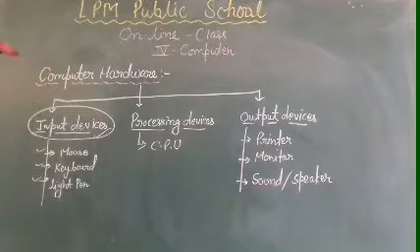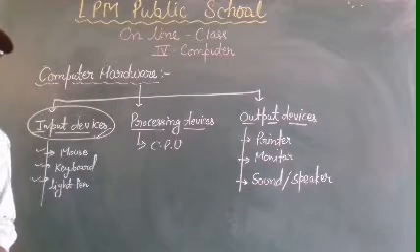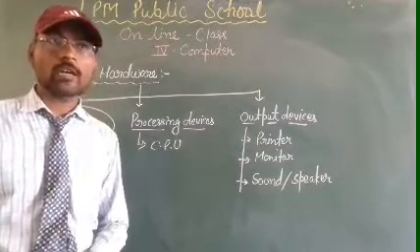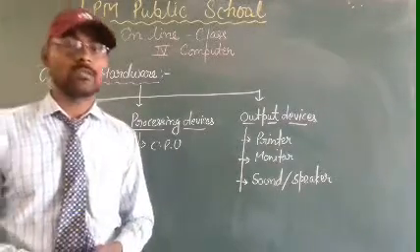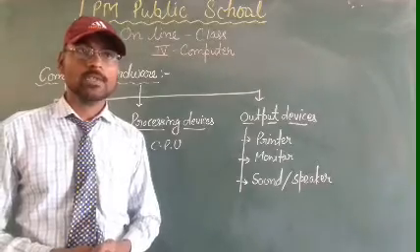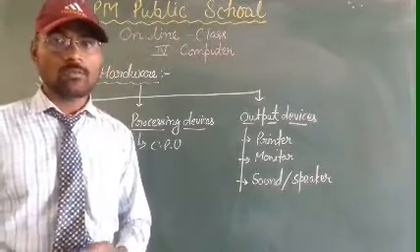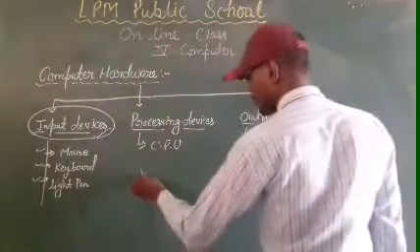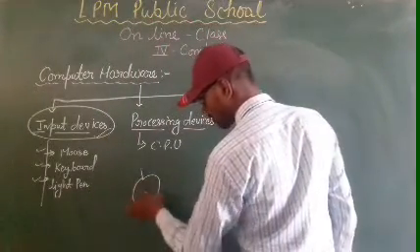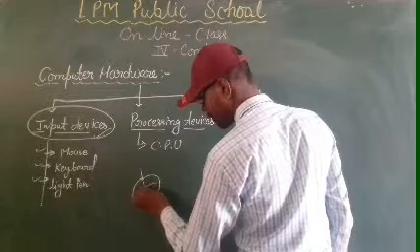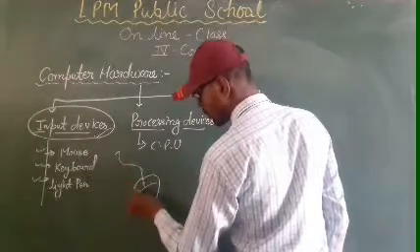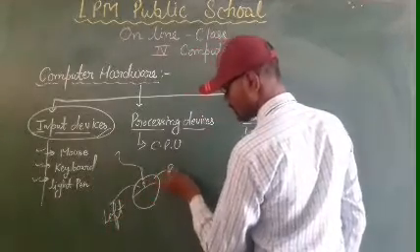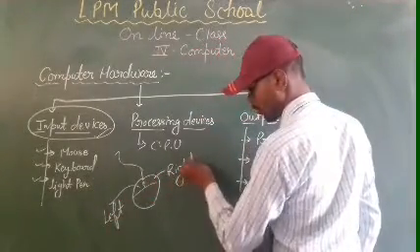And then the second input device is mouse. Students, a computer mouse has two buttons, left and right, with a scroll bar. Okay, suppose that this is a mouse. This is left button and this is right button.